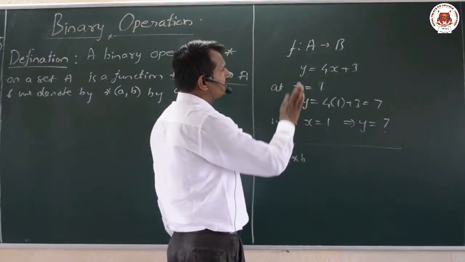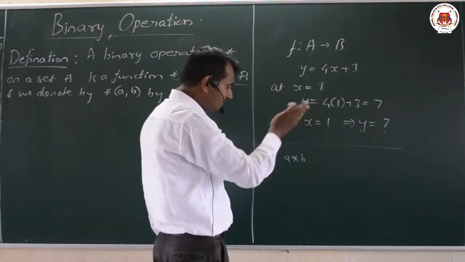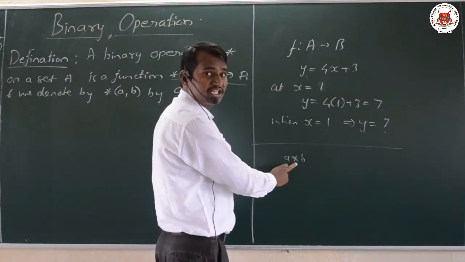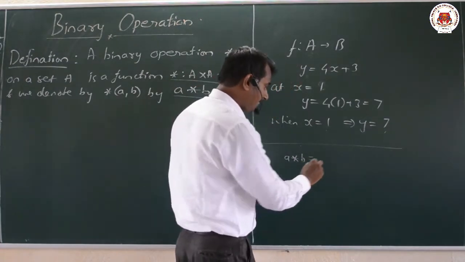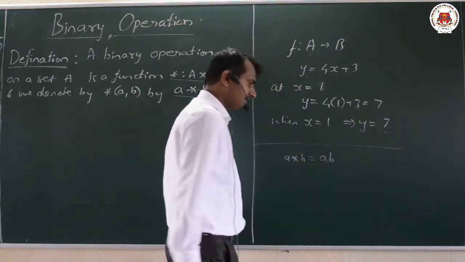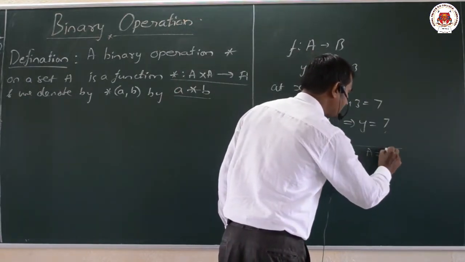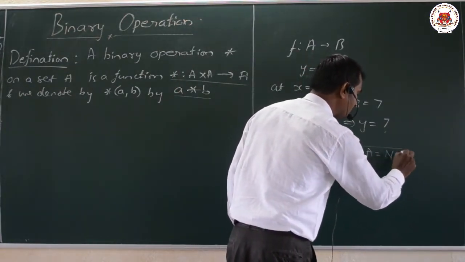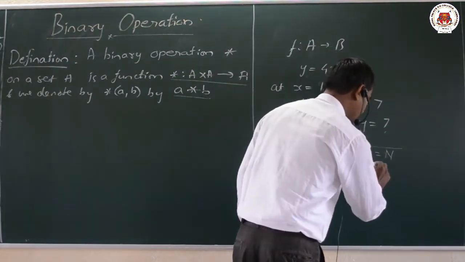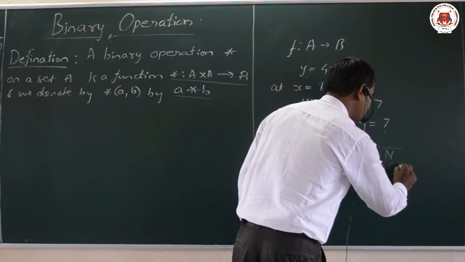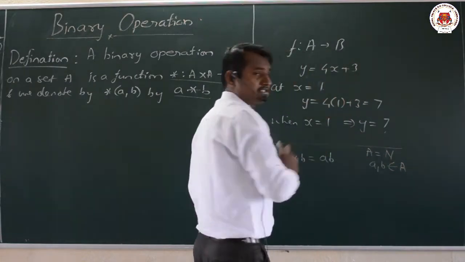As you define the function y equal to 4x plus 3, in the same way you define star as an operation, and I am defining it by a star b equal to ab. Now what is the set A here? A is equal to the set of all natural numbers. That means a, b belong to A, so a, b is again a natural number.